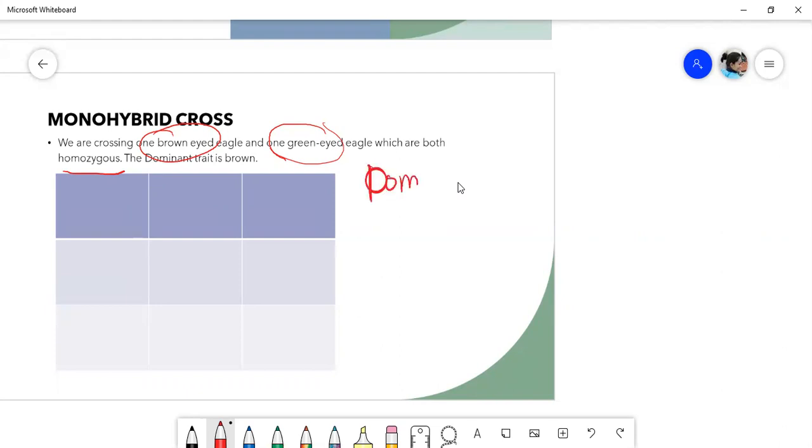So your dominant trait is brown. Then therefore, we are going to use the first letter of the dominant trait, that is B. So one of your alleles is capital letter B. Both of them are in capital letter B. And then your other allele is in small letter b.